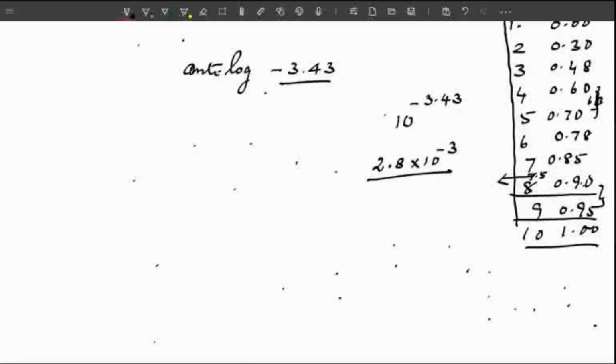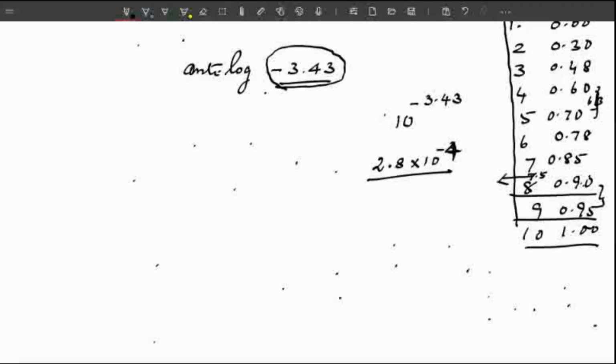Here, you have to do some calculation. You can't directly take the number as such into an anti-log.